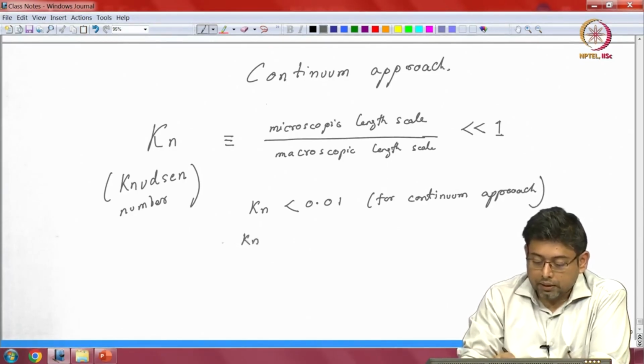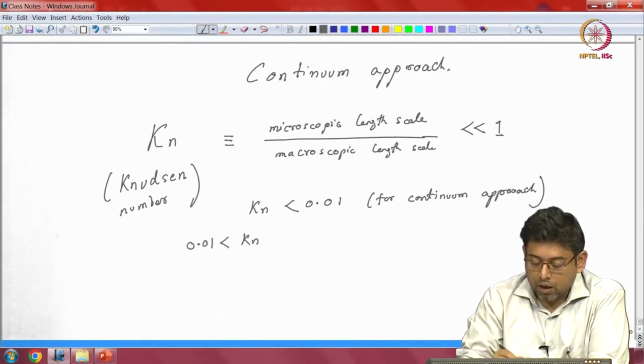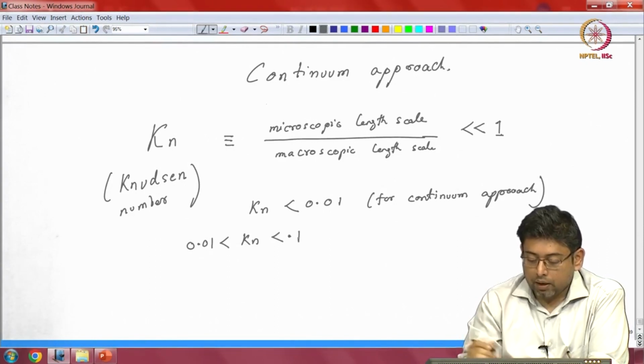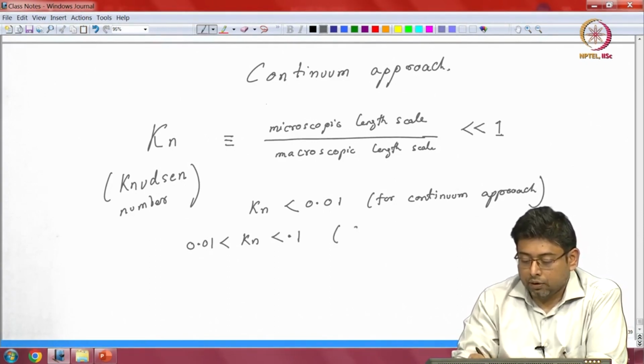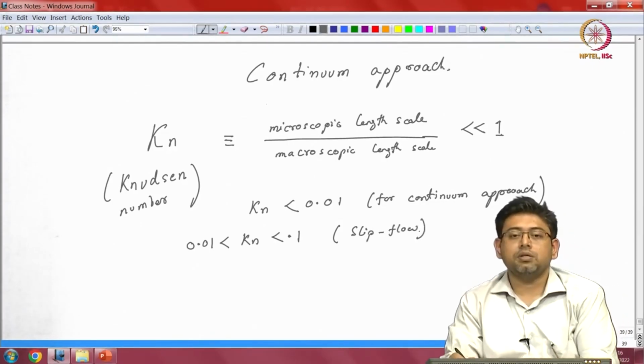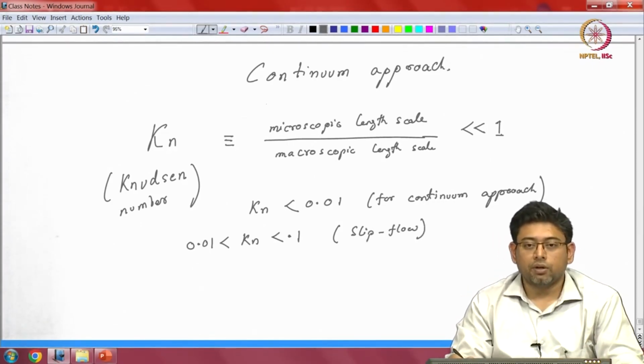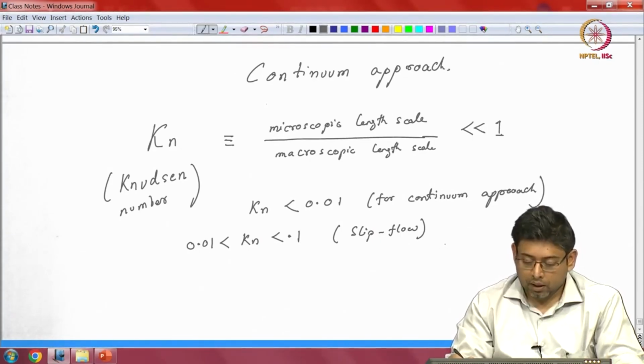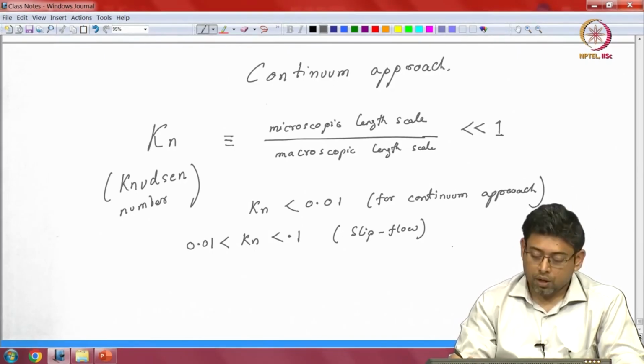If Knudsen number is greater than 0.01, but still less than 0.1, then this is in the domain of what is often known as slip flow, where the continuum approach is more or less still valid, but you might encounter slip at the walls. So the no slip condition at the walls might actually be not exactly true.